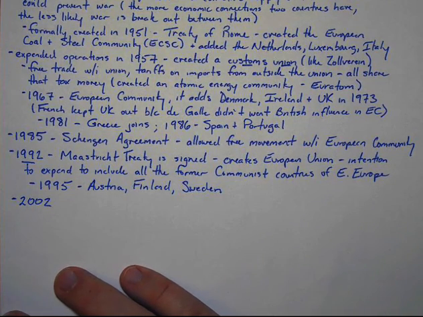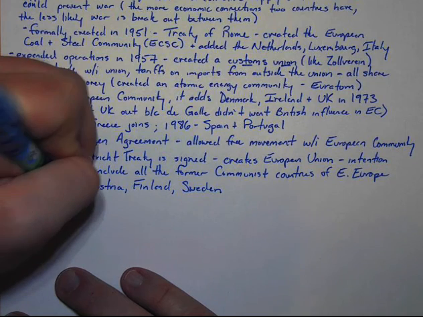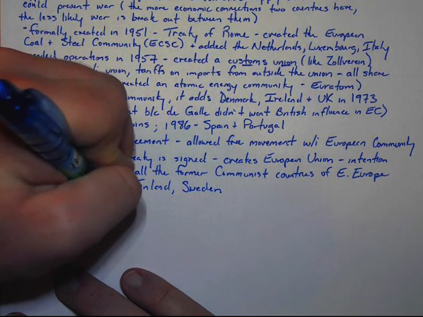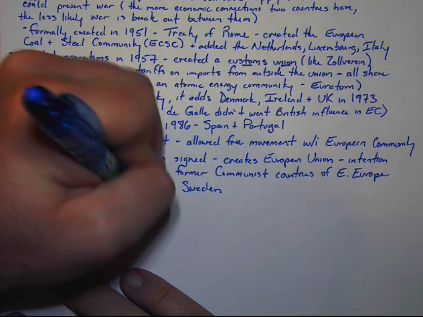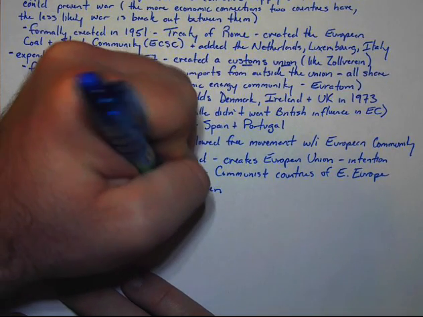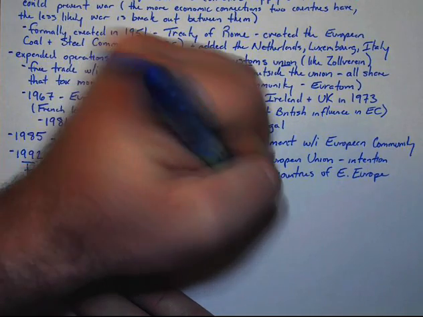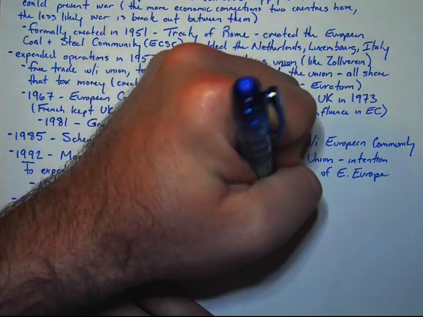In 2002, the euro becomes the official currency of 12 EU members.